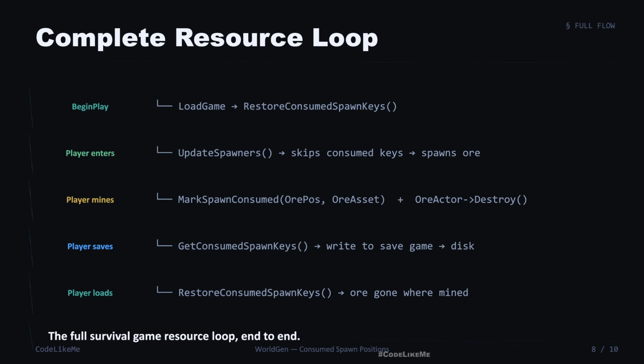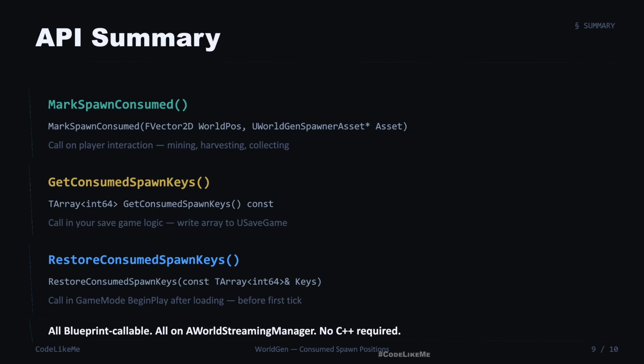When you save the game, get consumed spawn keys and write them to the save game, and when you load the game, restore consumed spawn keys. So this is the loop. And this is the summary of the API: MarkSpawnConsumed, GetConsumedSpawnKeys, and RestoreConsumedSpawnKeys. That's pretty much it for this part.